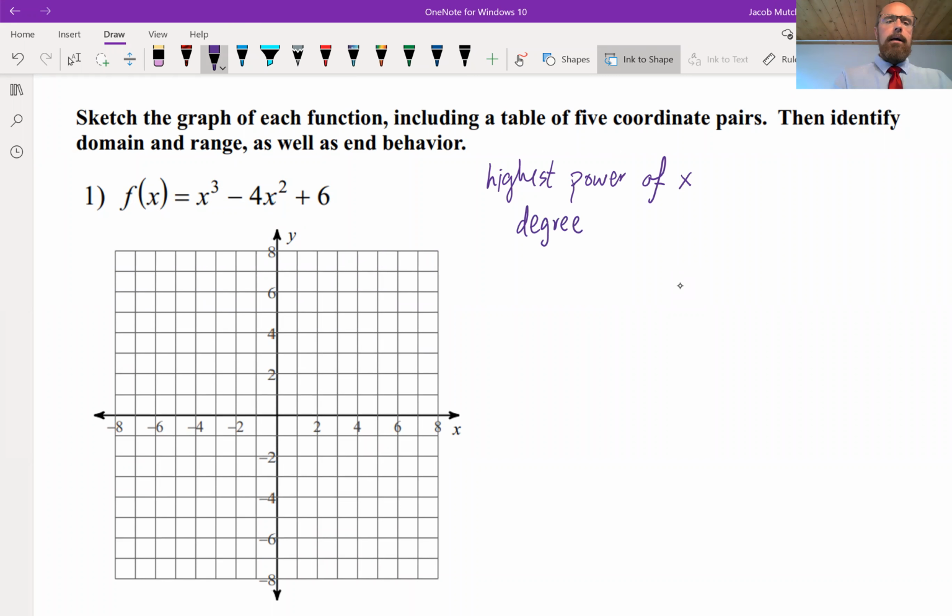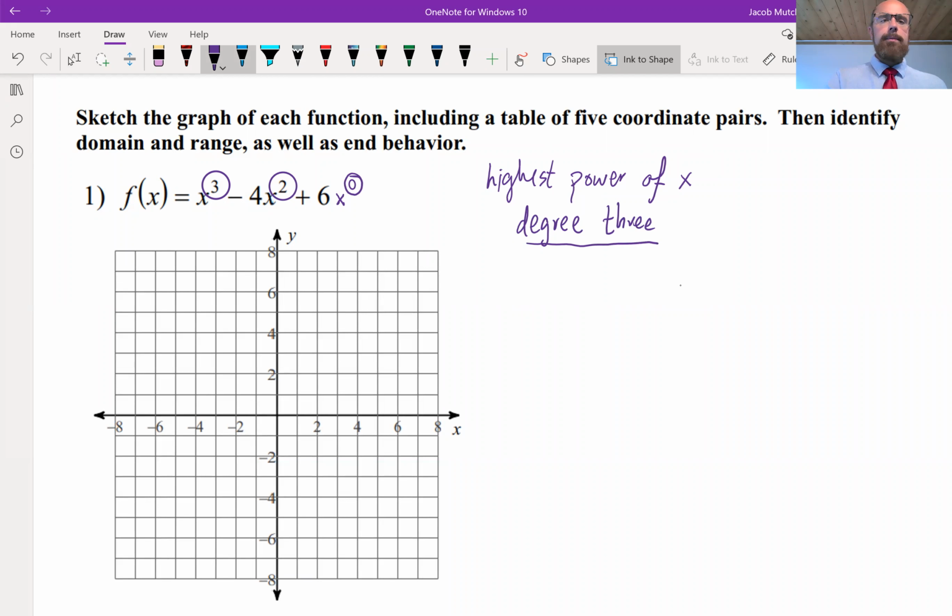In my function, I've got a power of 3, a power of 2, and if I consider this 6 as 6x to the power of 0, that would be a power of 0. As I compare those three powers, the highest there is 3. So I would identify this as a degree 3 polynomial function.